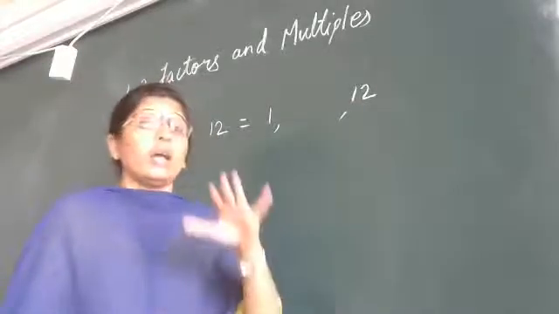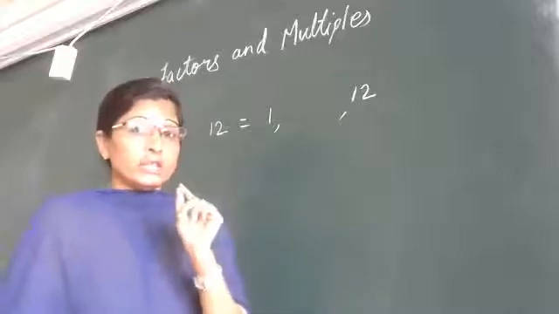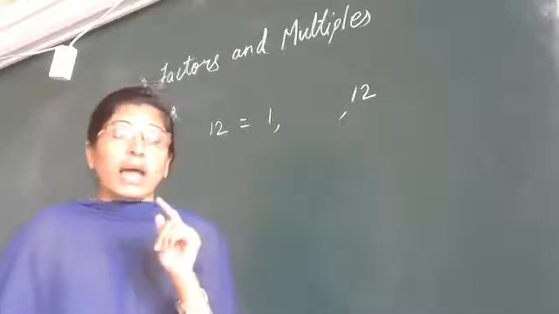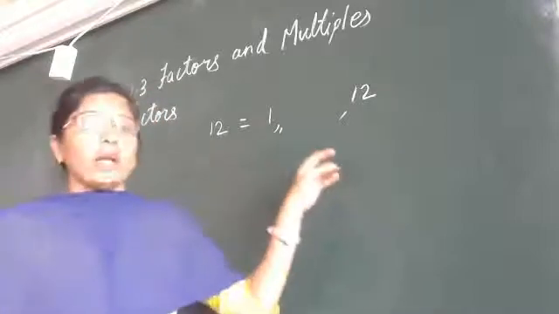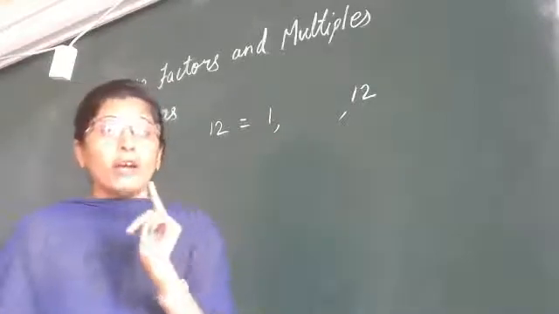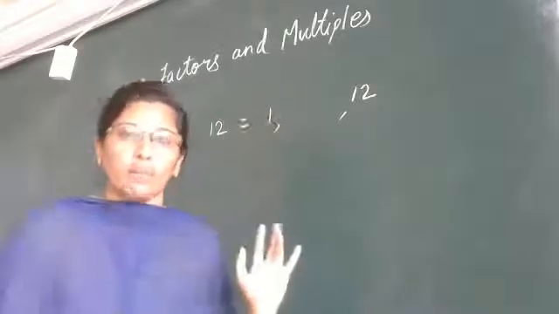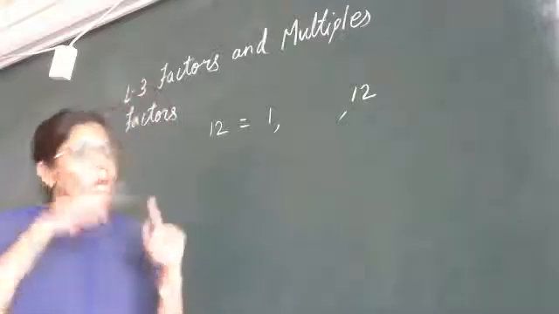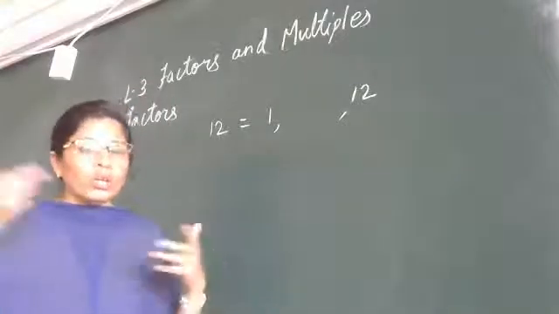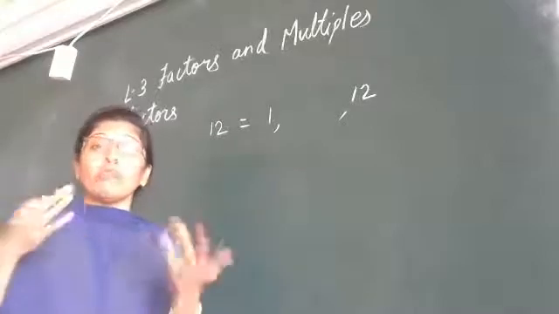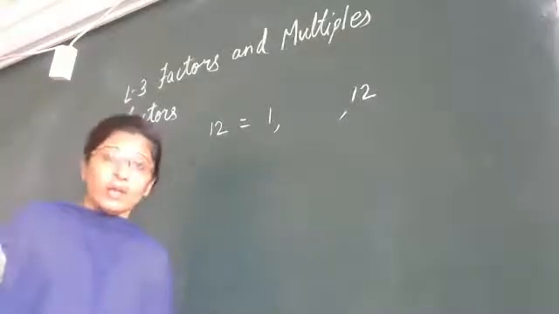What are the properties? So listen carefully, this is important. Property of factors: each number has 1 as a factor. 1 will be the factor for all the numbers. See, in one table, all numbers will come. 1 12 is 12, 1 3 is 3, 1 4 is 4, 1 15 is 15, 1 100 is 100.